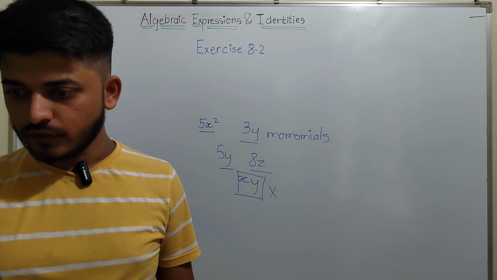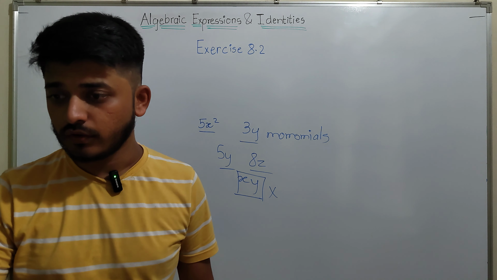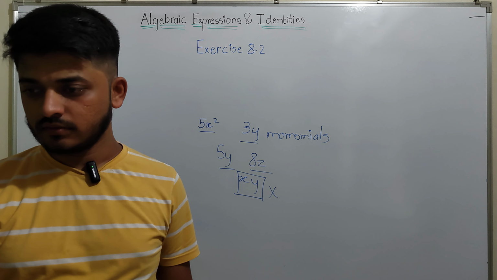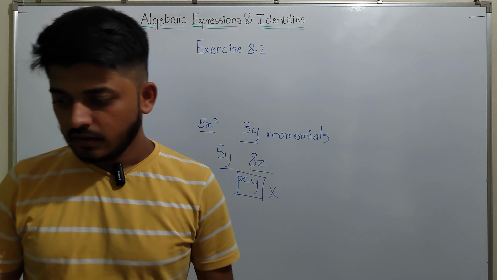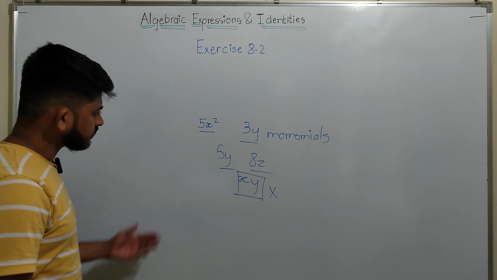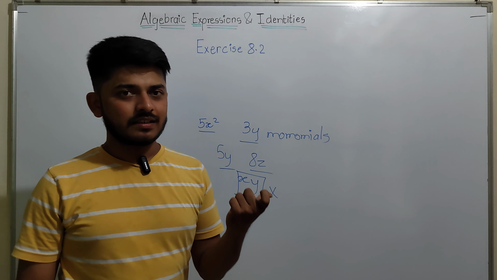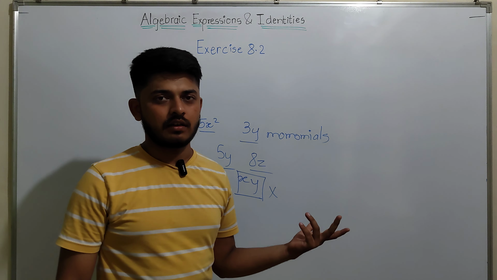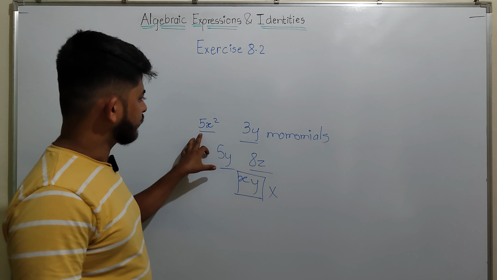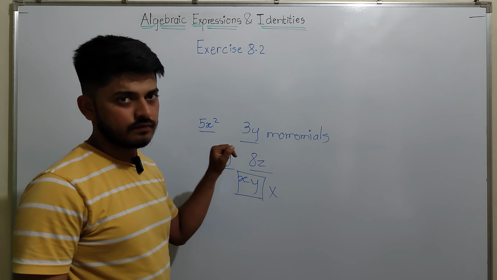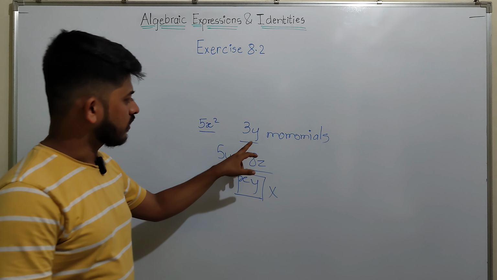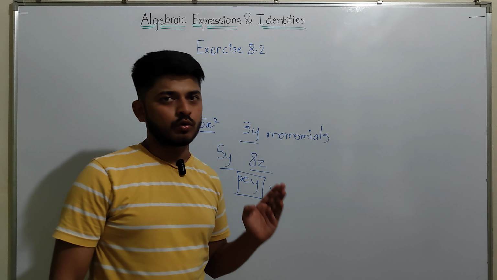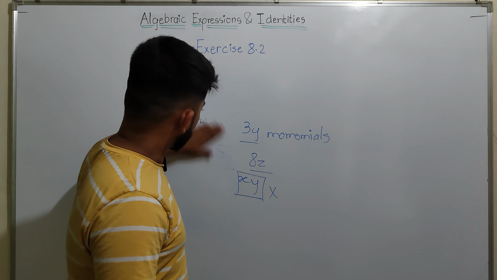Now in this, 5 is the coefficient and x square is the monomial, 5 is the coefficient and y is the monomial. So these are the monomials.